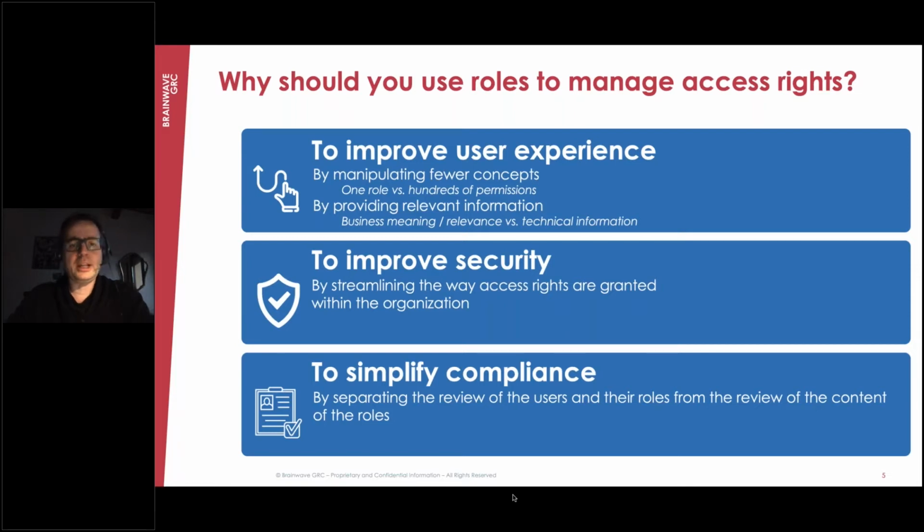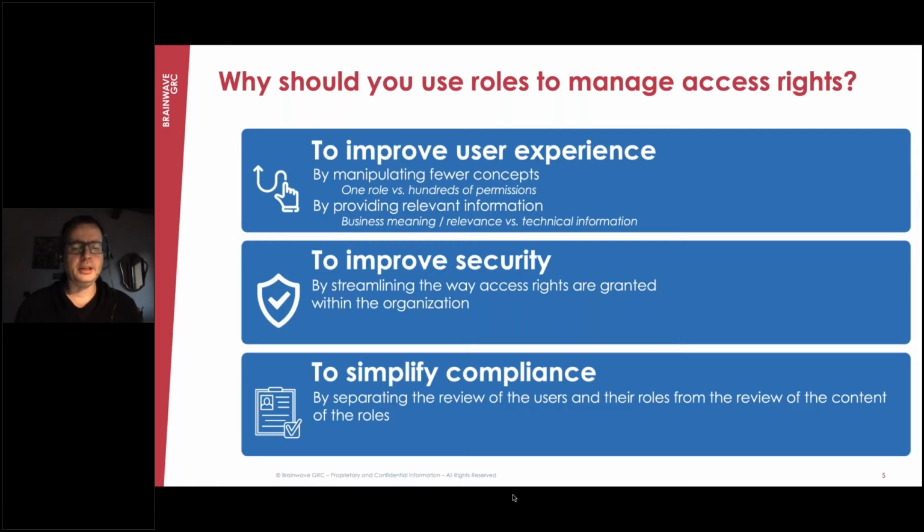Secondly, you can help improve security, because designing roles is a way to streamline and standardize what access each user will receive through the same role.